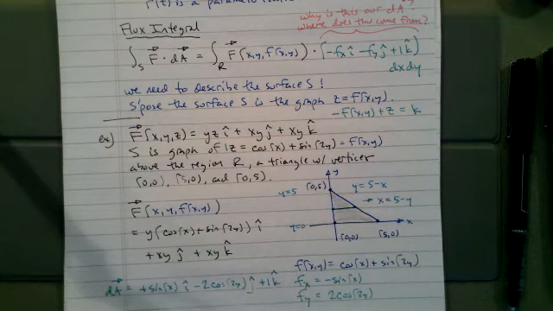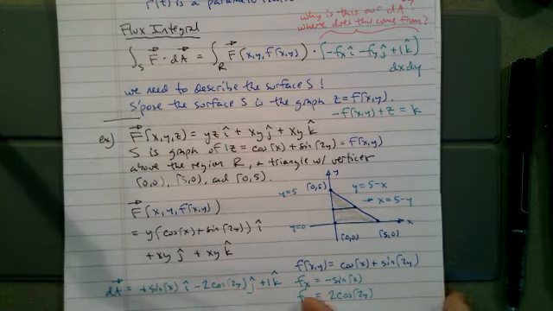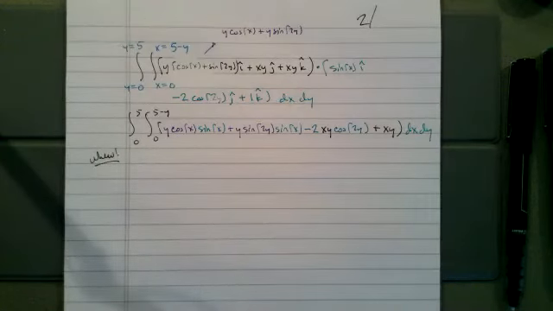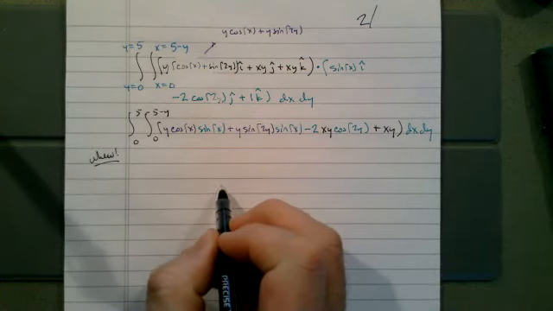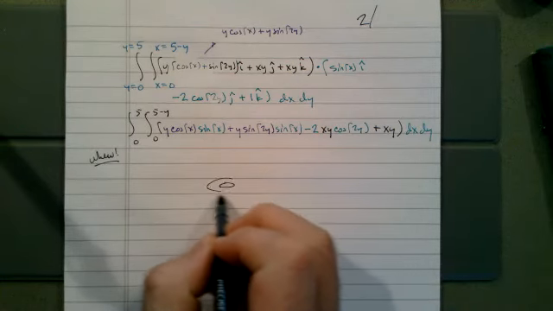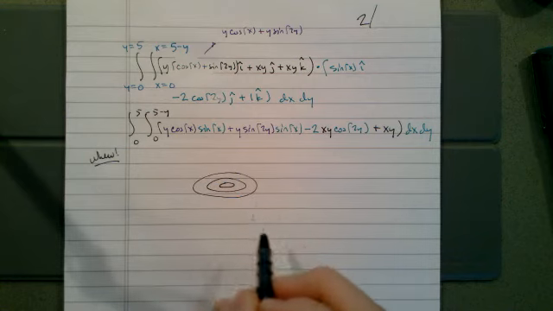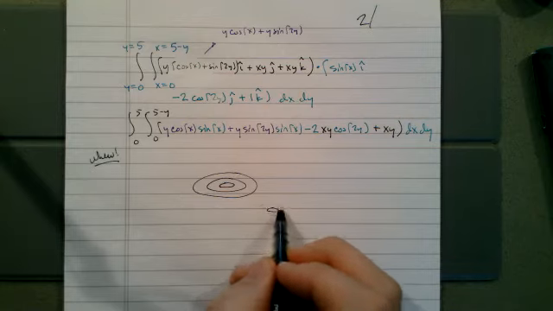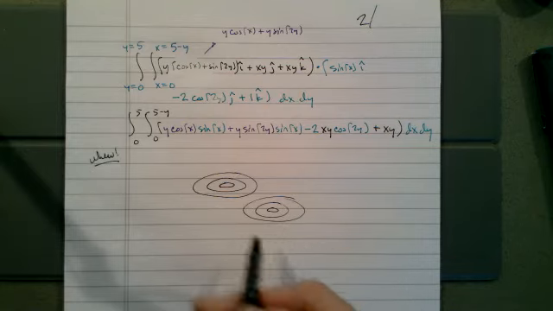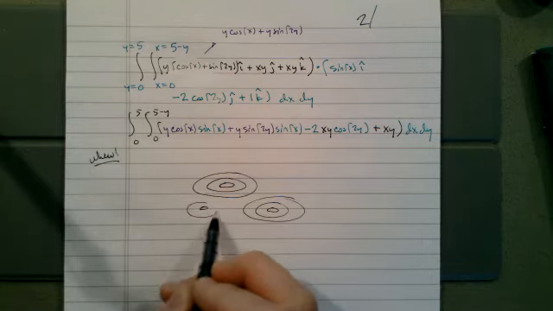So that's the surface. We're just looking down from the top at all these peaks and valleys, and we're cutting out a triangle.